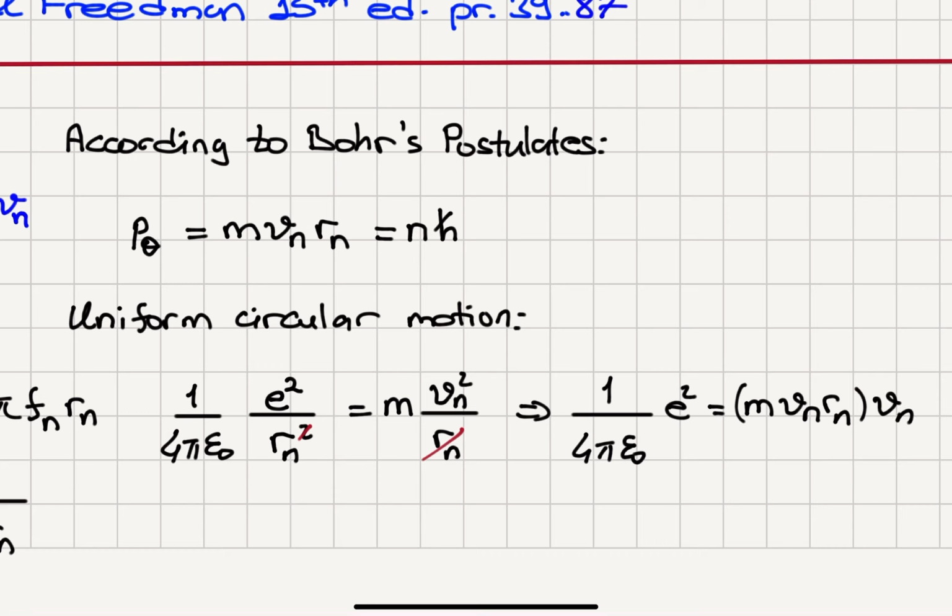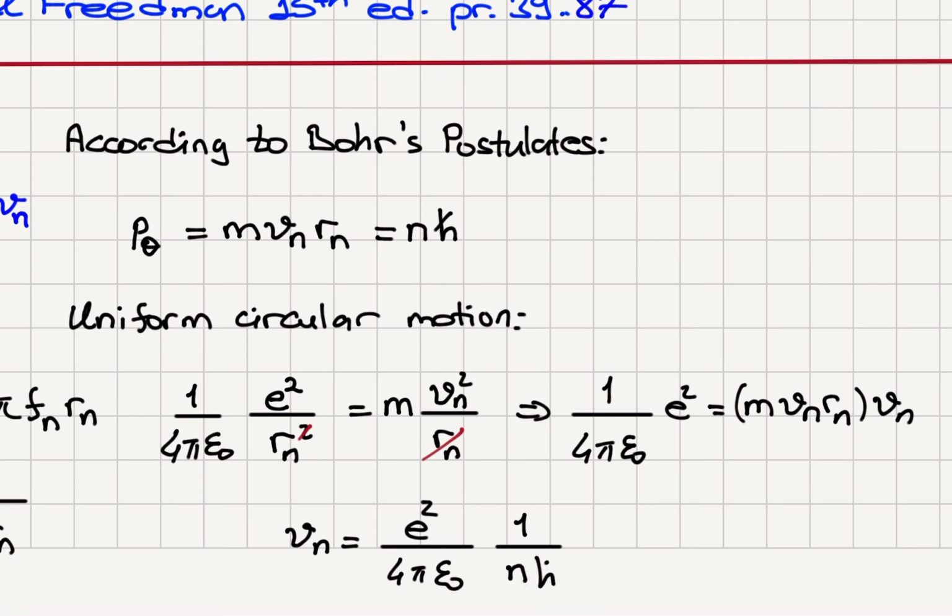You can see we have m v squared r, but mvr times v is the same thing, and the term in parentheses we recognize as the angular momentum. So we can write v sub n, the tangential speed, as e squared over 4 pi epsilon 0, divided by the angular momentum, but the angular momentum is equal to n h bar according to Bohr's postulates.